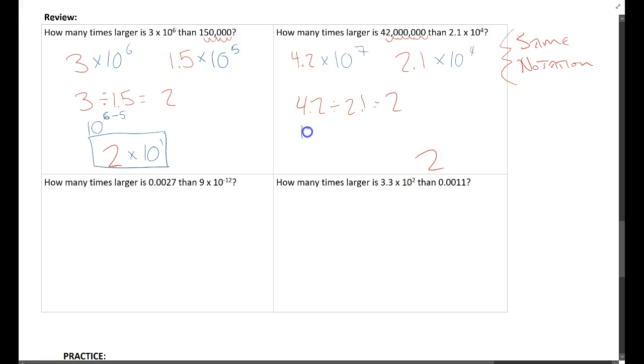And 10 to the 7 divided by 10 to the 4 just means 10 to the 7 minus 4, and I get 10 to the 3rd. So hopefully you're finding this reasonably easy. The only difference in these ones down here is we're dealing with negative powers of 10, so just make sure that you are keeping an eye on your negative exponent rules.